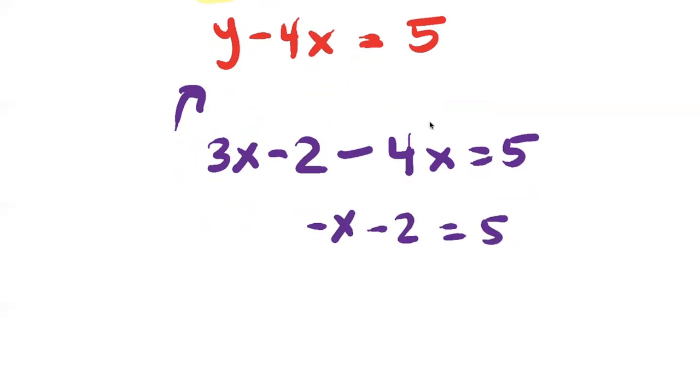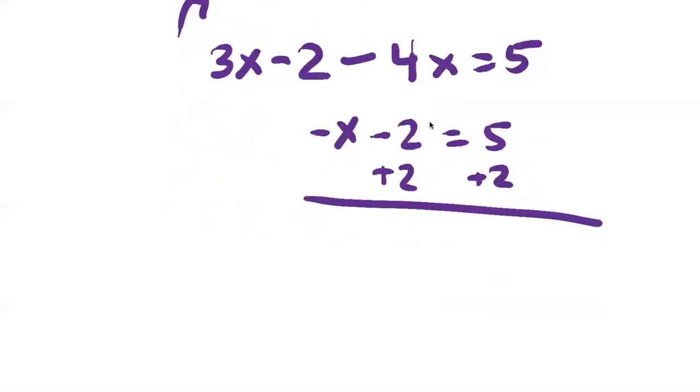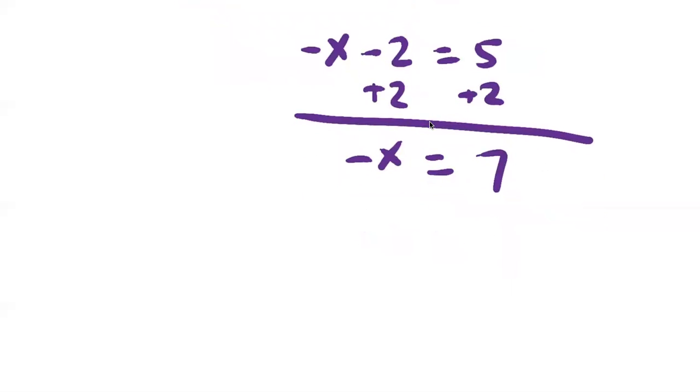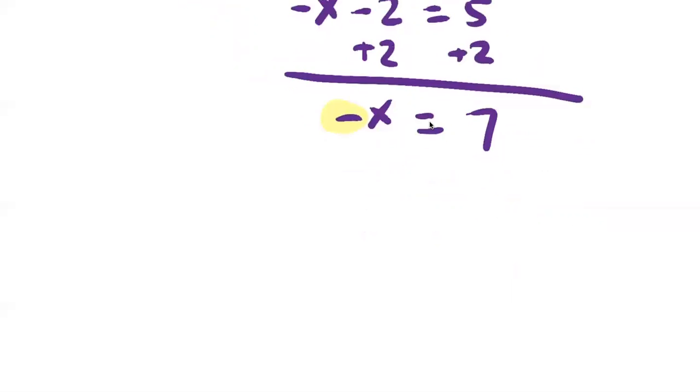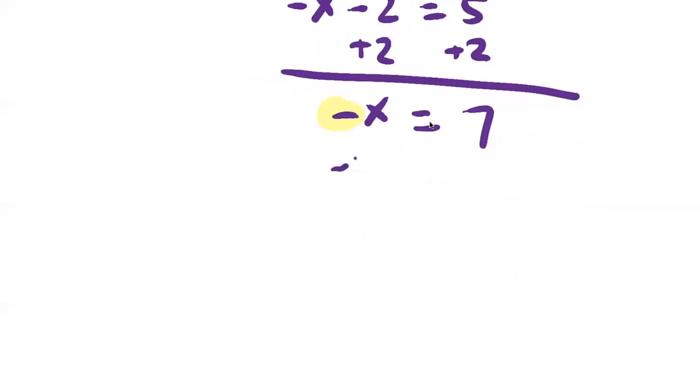The minus 2 is bothering the x, so let's add 2 to both sides. We get negative x is equal to 7. Now we're almost done, but we have this negative here that is bothering that x. You can think of this as multiplying by -1. So -1 times x is equal to 7.